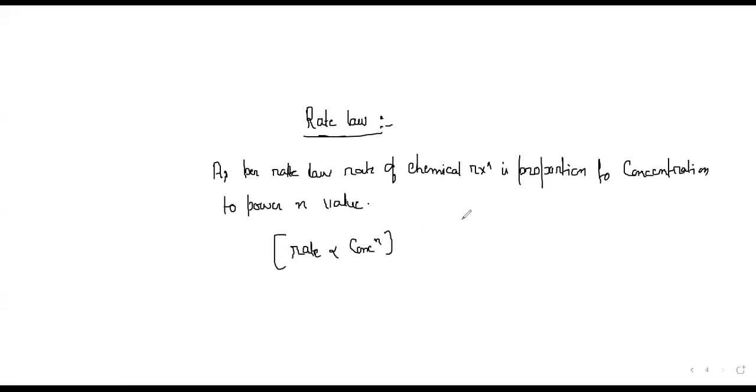I am giving you the significance of n. The n value will be known as the order of the chemical reaction. Suppose if n value is equal to 0, then this is a zero order chemical reaction.